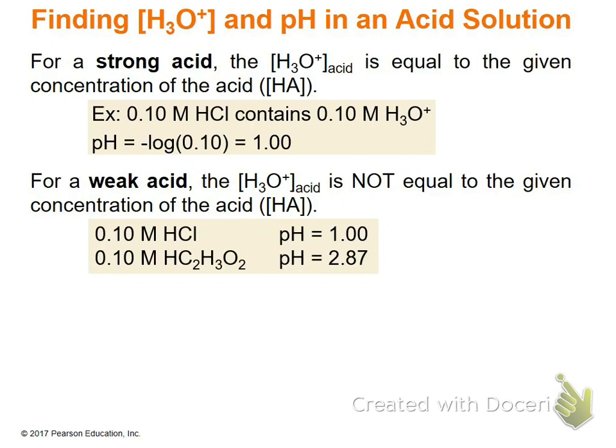As you can see, the pH of the weaker acid is higher, 2.87. And we know that the lower the pH, the more acidic the acid is. For the acetic acid, the pH is 2.87 because it didn't generate the same amount of hydronium ion compared to the hydrochloric acid.